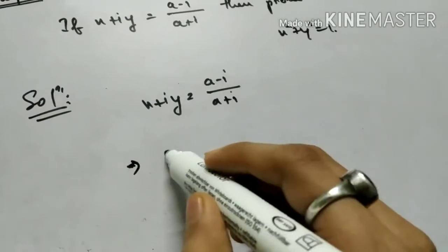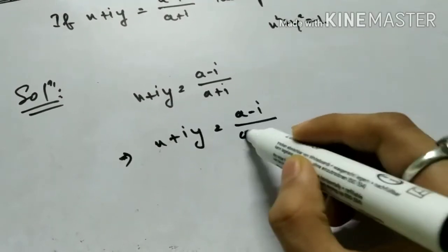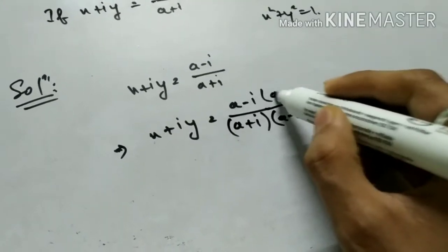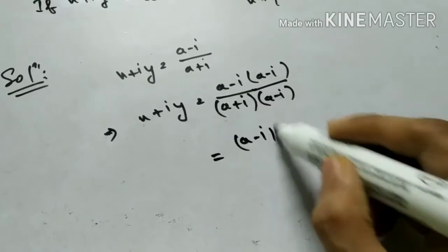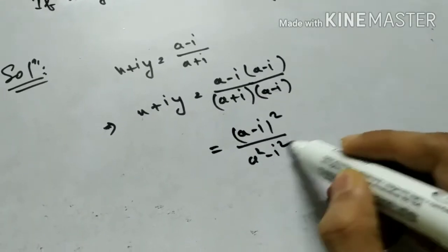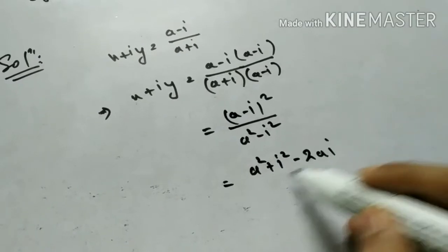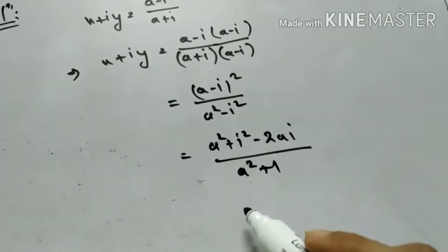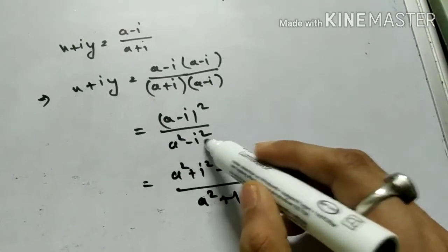So x plus iy is equal to a minus i by a plus i. Multiply both sides by a minus i. You will get a minus i the whole square by a square minus i square, which is a square plus i square minus 2ai by a square plus 1, because minus into minus gives plus 1.